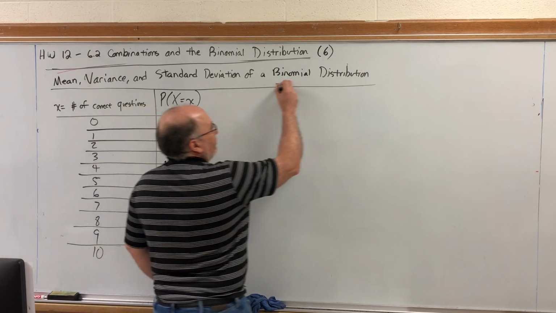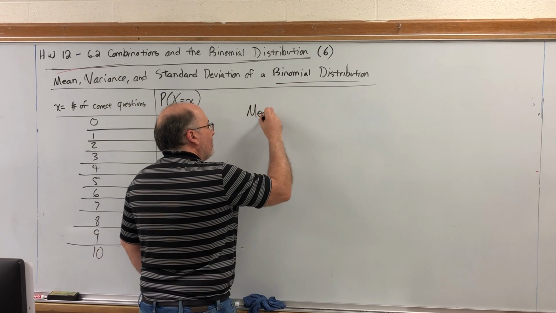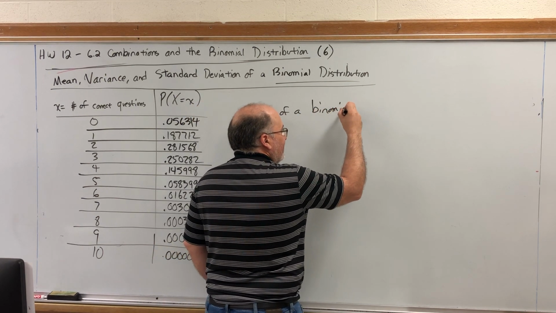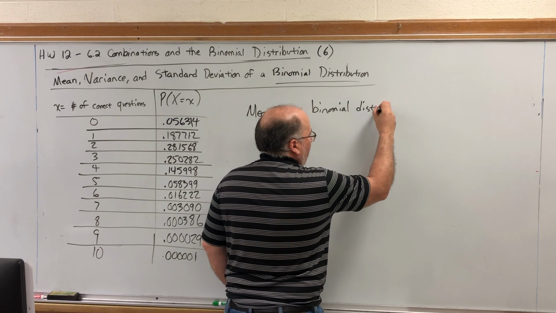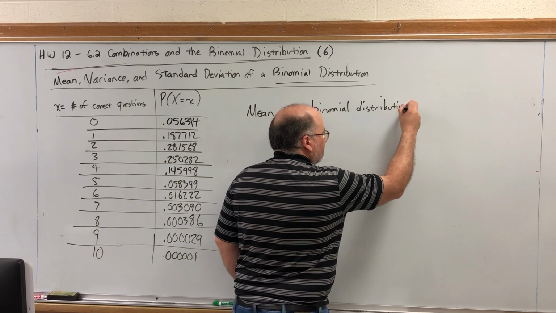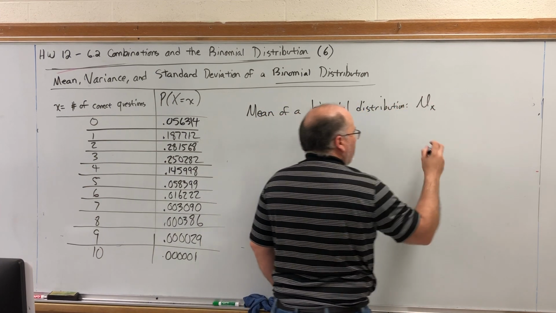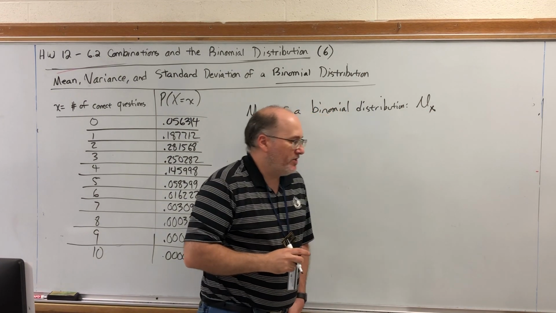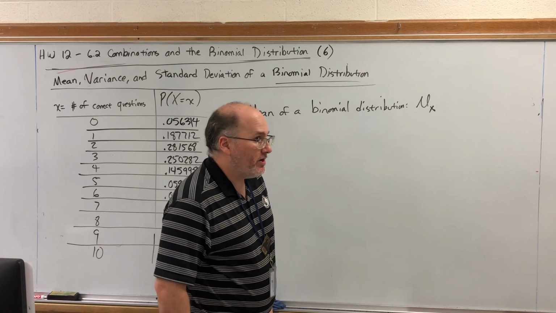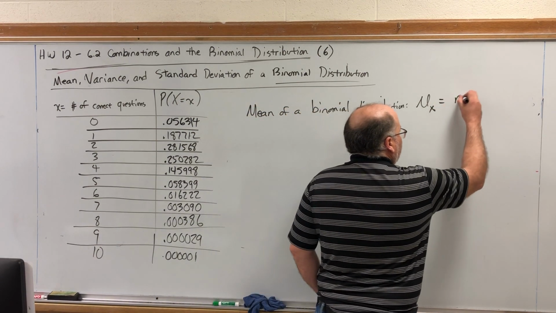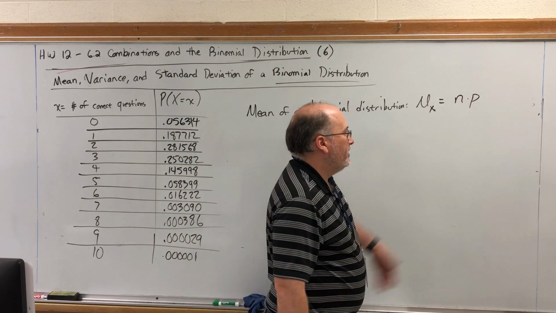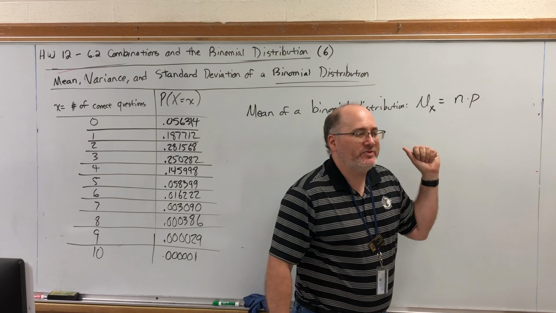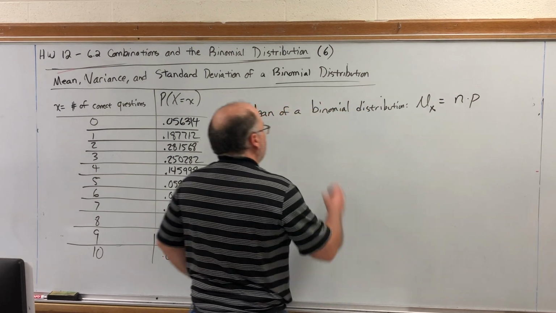Because for a binomial distribution, the formula for the mean is easy. The formula is the mean of the distribution, and remember, we're just using this capital X subscripted on the mu to represent the random variable that's generating the distribution, is n times p. 10 questions, 25% chance of getting a question right. 25% times 10 is 2.5.